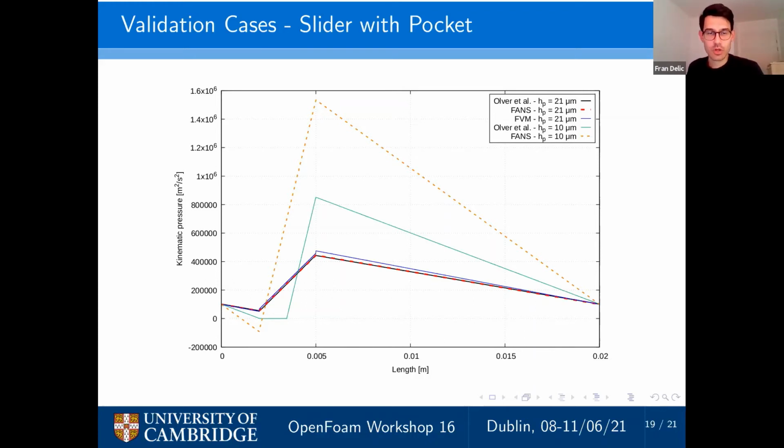All three of them show good correlation. The green line represents results from Oliver et al. for different pocket heights in which cavitation occurs. And the orange dotted line represents my results for the same case without the cavitation model introduced. So hopefully once the cavitation model is introduced, the orange dotted line will match the green line.